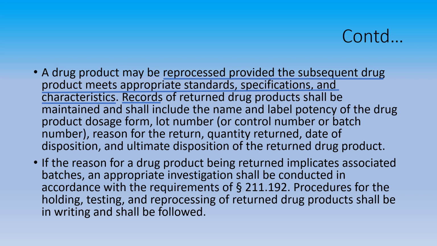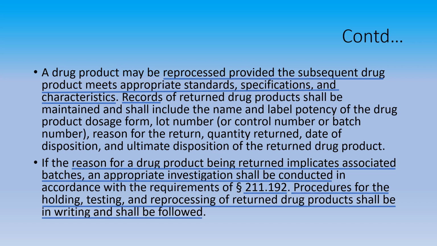If the reason for the drug product being returned implicates associated batches, an appropriate investigation shall be conducted in accordance with the requirements of 211.192. Procedures for the holding, testing, and reprocessing of returned drug products shall be in writing and shall be followed.